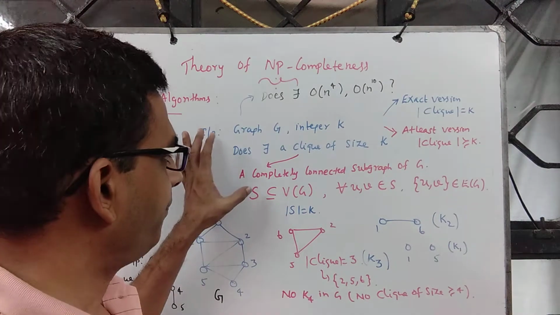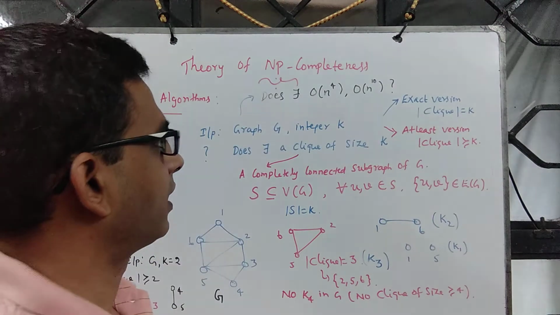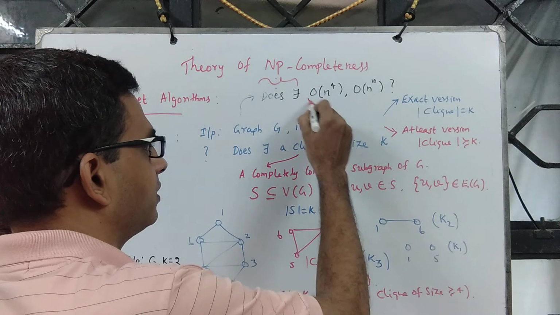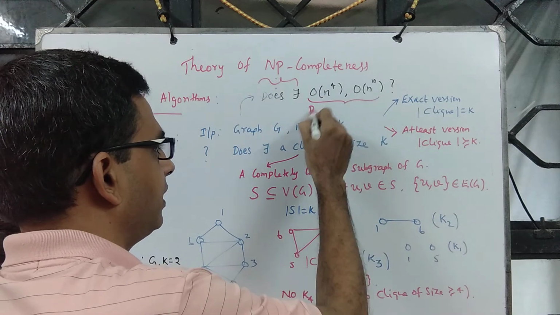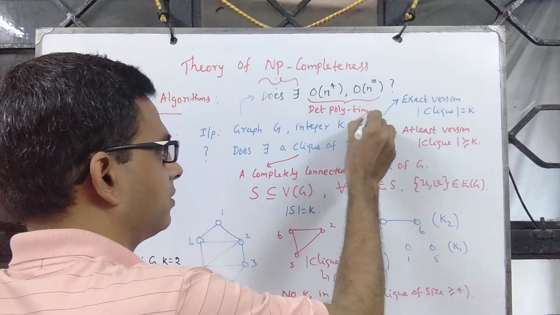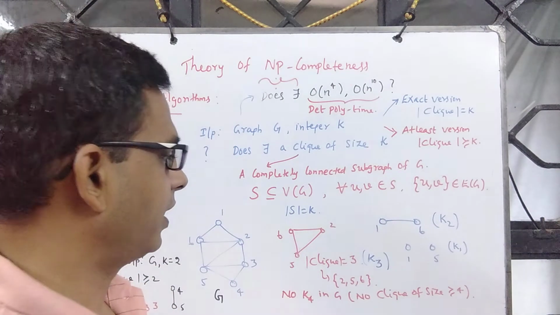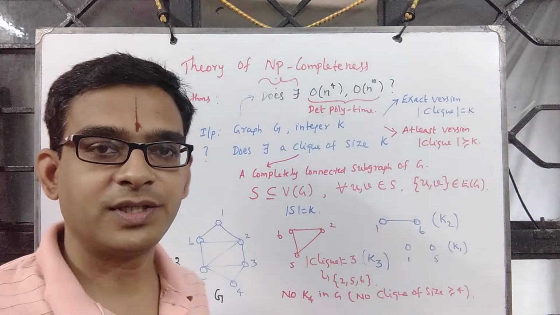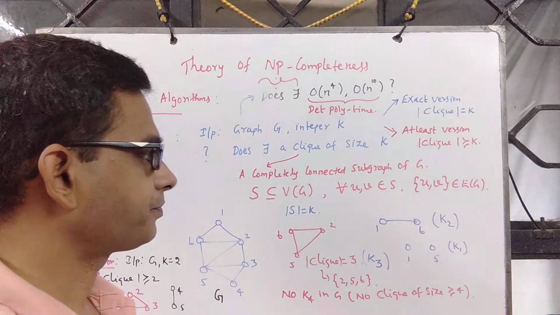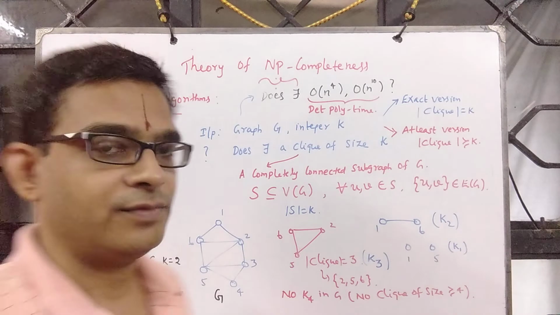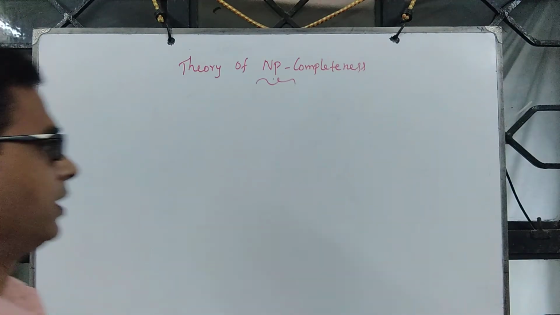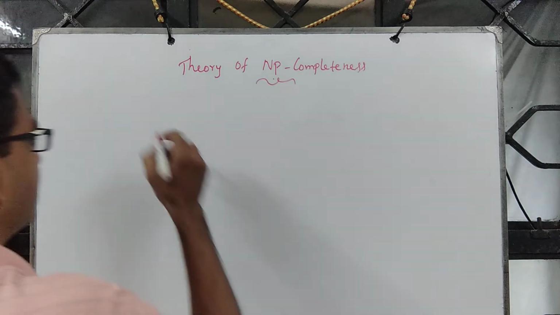Given a problem, can you come up with a solution of this type? What are these? These are all deterministic polytime algorithms. So can we discover a deterministic polytime solution to a problem like this? Fine. Let's look at the complexity part of it.